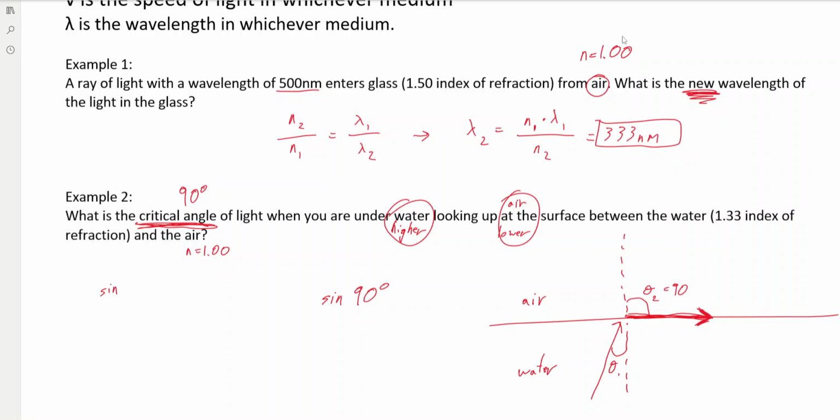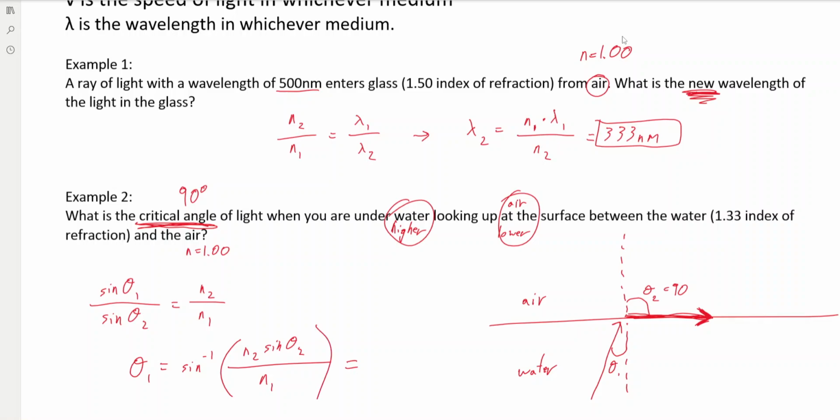So sine angle 1 over sine angle 2 equals n2 over n1. What are we looking for specifically? We're looking for the critical angle, so we're looking for angle 1. So theta 1 equals sine negative 1 of n2 sine theta 2 over n1.